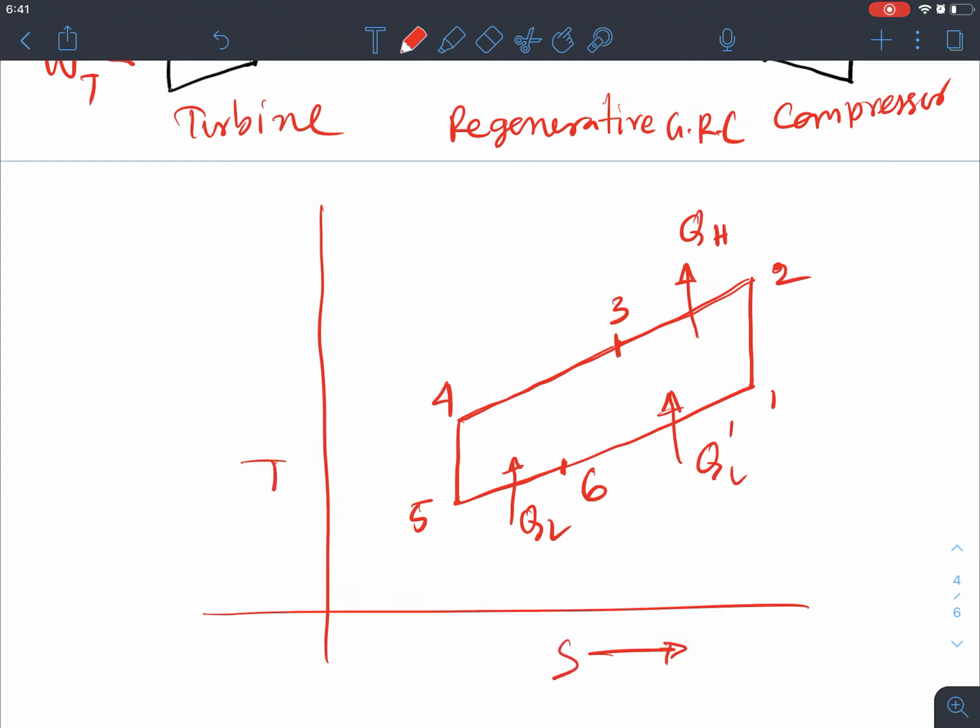This is the S axis and this is the T axis. So now we know where the heat addition and heat rejection are happening, and where WC and WT are. We can simply calculate the COP for this cycle as well. So that's all about the gas refrigeration cycle.